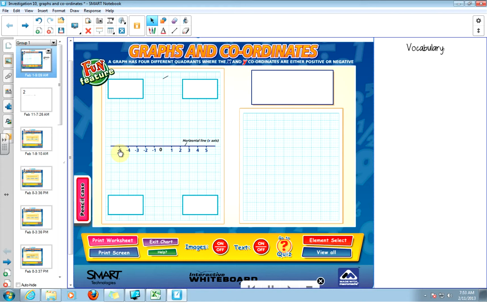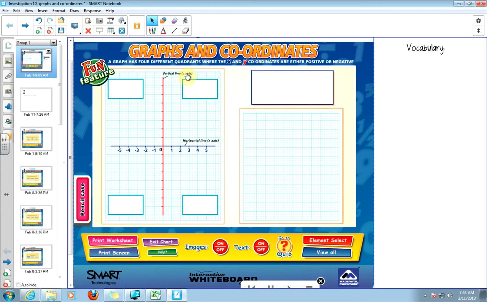Next, we will draw a vertical line through 0. Go ahead and draw a vertical line on number 3. Vertical lines go up and down. This line is called the y-axis and is used to locate values of y.